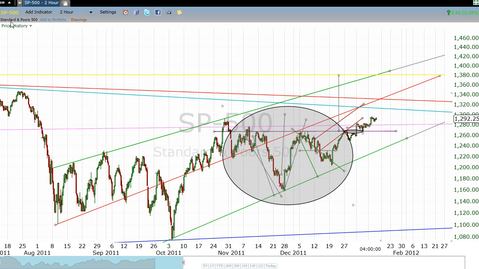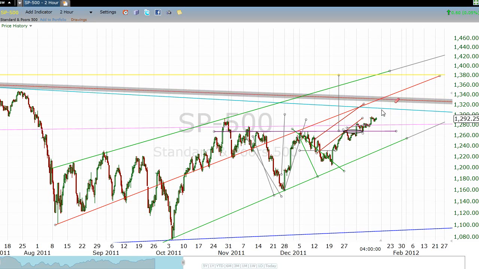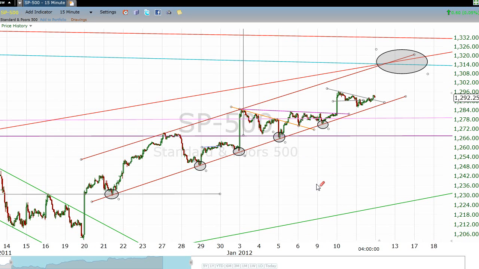But I've mentioned it before, now that we are clearly above that neckline, even though this pattern points to about 1380 as a target, I need to warn you that there's going to be some tough sledding in the low 1300s if this market has the legs to get there before that channel that we are currently in breaks.